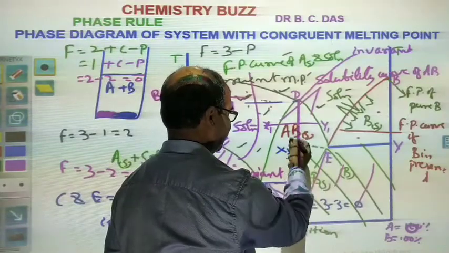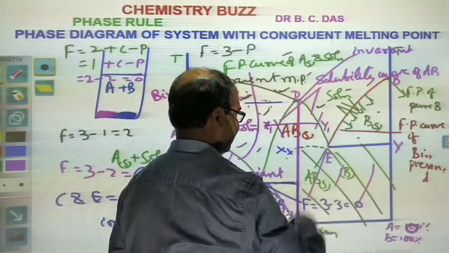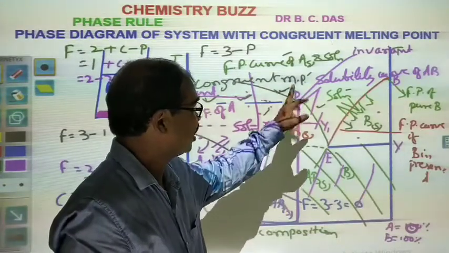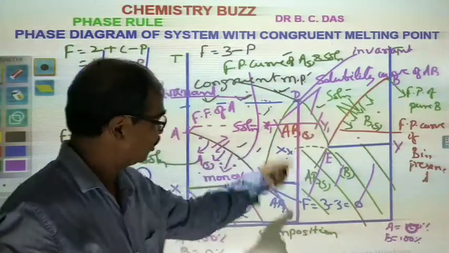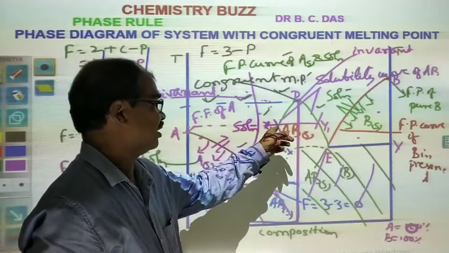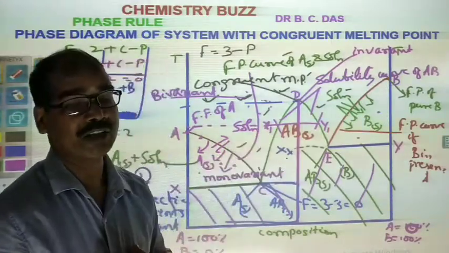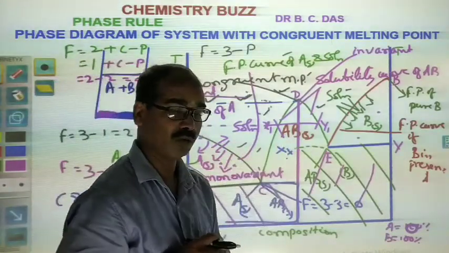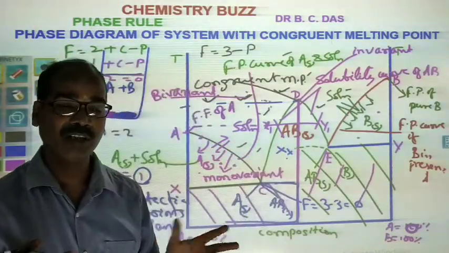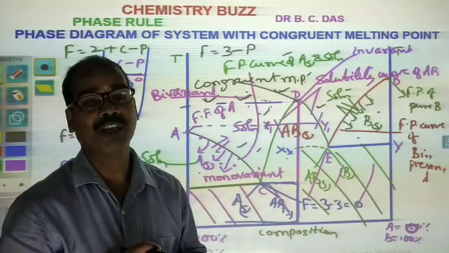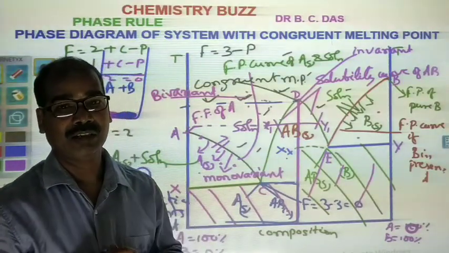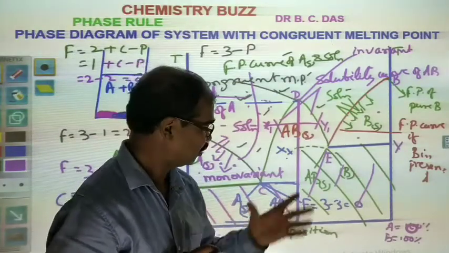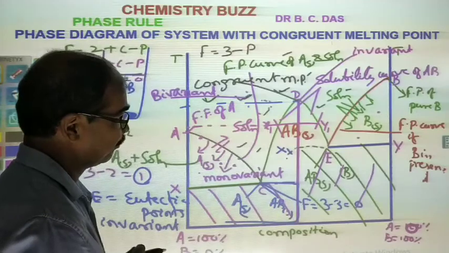The compound AB is formed, this is one solubility and this is another solubility, and the compound AB possesses a congruent melting point. So this is called retrograde solubility. When a particular compound has 2 different solubilities at the same temperature, we say retrograde solubility. So this is a new concept we should remember for the exam.